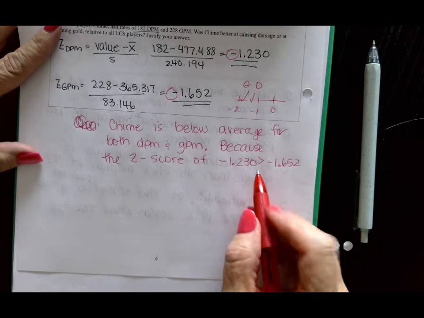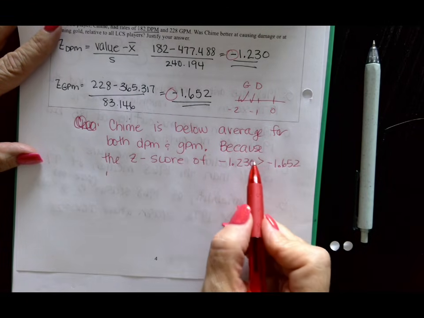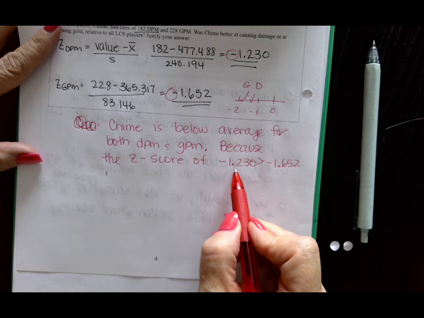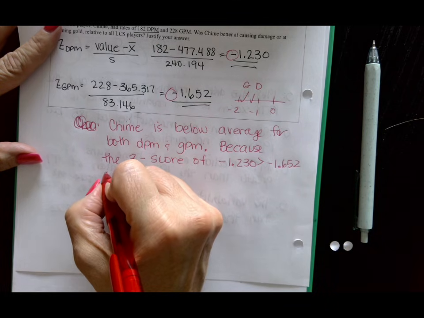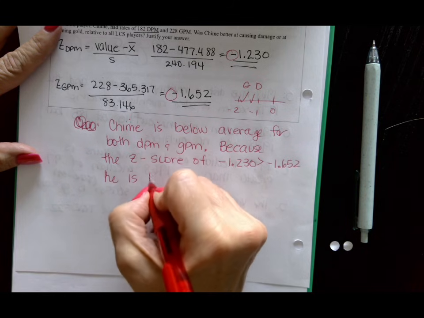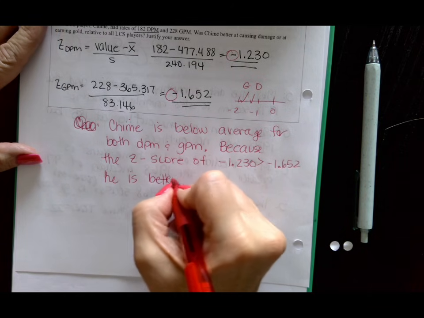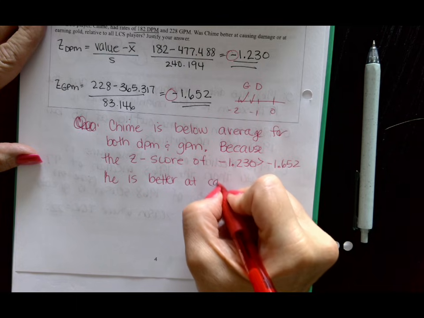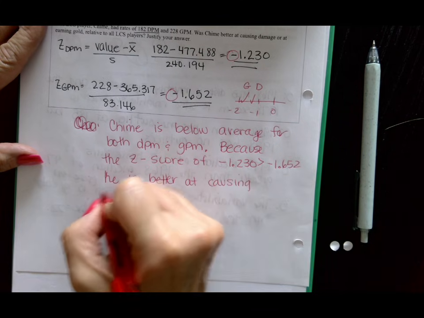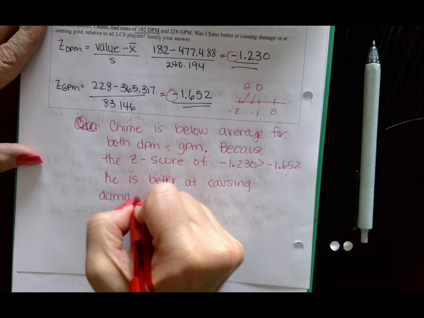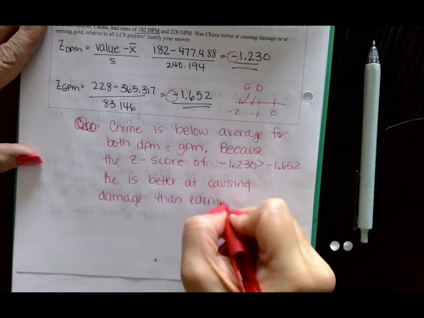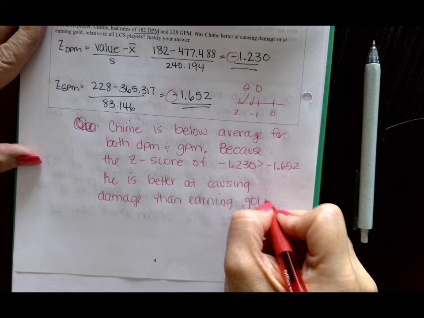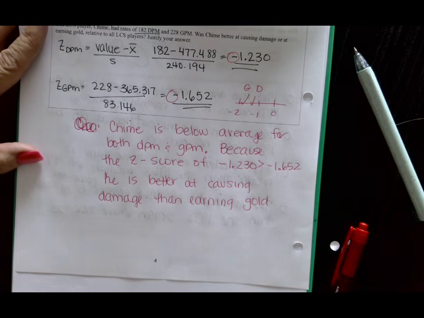We would say, okay, because the z-score of negative 1.23 is greater than negative 1.65, he is better at causing damage than earning gold. Okay, that's it.